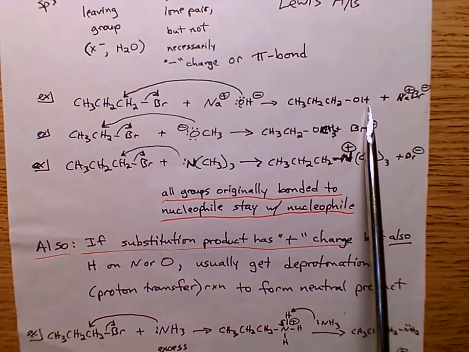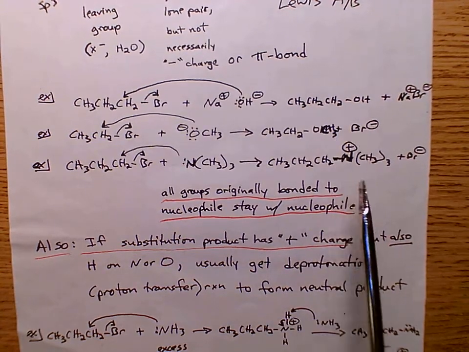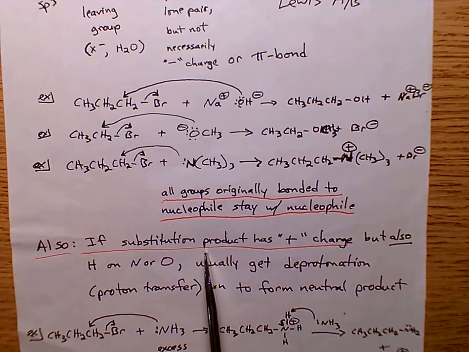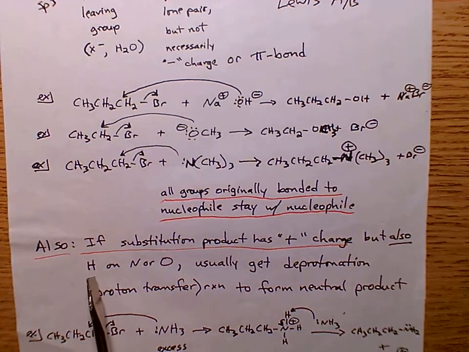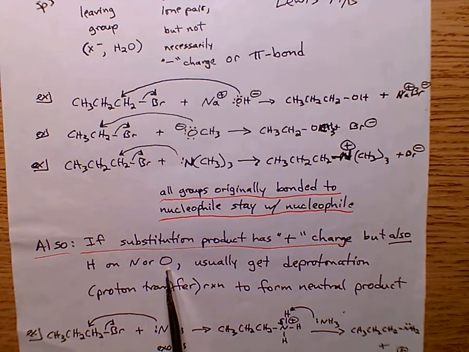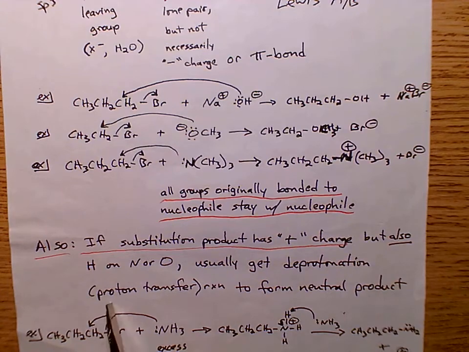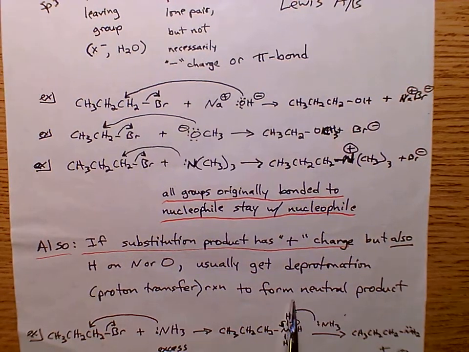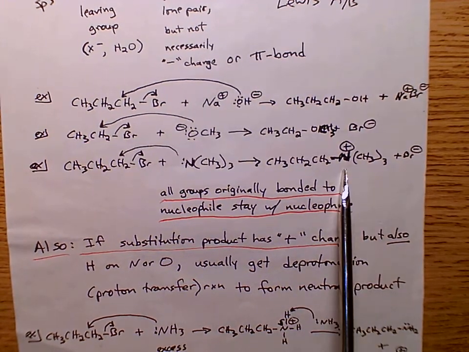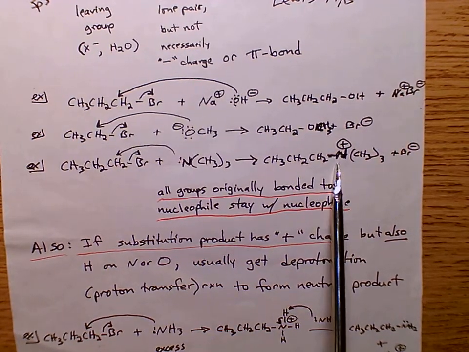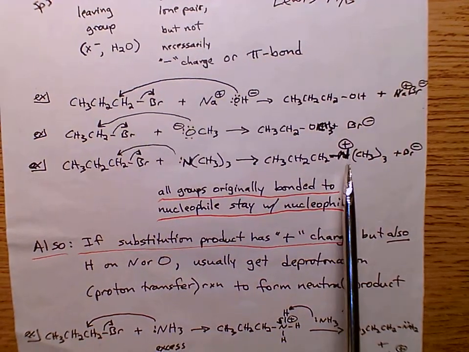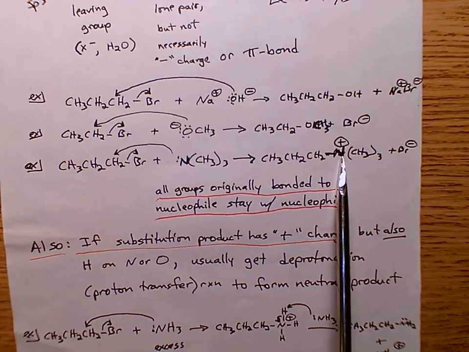Okay, if the substitution product has a positive charge, but also a hydrogen on the nitrogen or oxygen, we will usually get deprotonation, a proton transfer reaction, to form a neutral product. Now, if we look at this nitrogen, are there any hydrogens bonded to it? No, this nitrogen does not have any hydrogens bonded to it, so it's going to stay like it is.